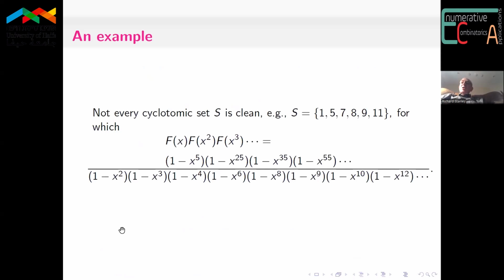Not every cyclotomic set is clean. For instance, 1, 5, 7, 8, 9, 11 is cyclotomic, but when we form the product f(x)^2, f(x)^3, and reduce it, dividing out all the common factors from numerator and denominator, we're left with this. So we're going to get some kind of partition identity, but it's going to be messy because of this numerator.